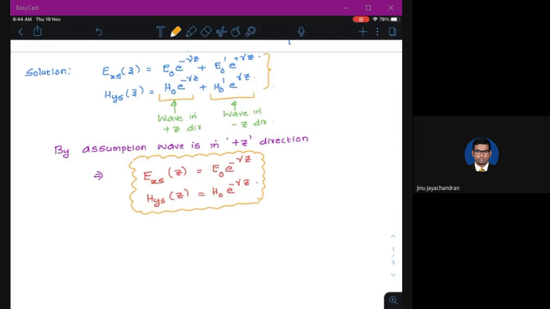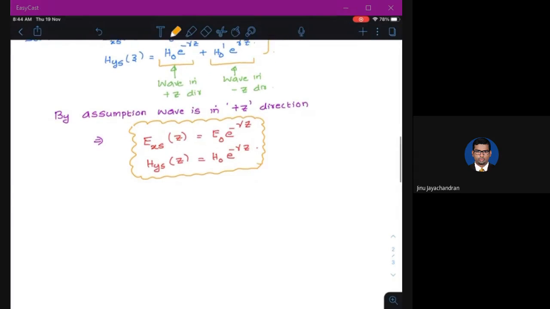What we did was we removed the wave propagating in minus Z direction because of two reasons. One, we initially assumed that wave is only propagating in plus Z direction. Two, since it is an unbounded medium, there will not be any reflection along minus Z direction. So we remove that term. So this is your final solution.